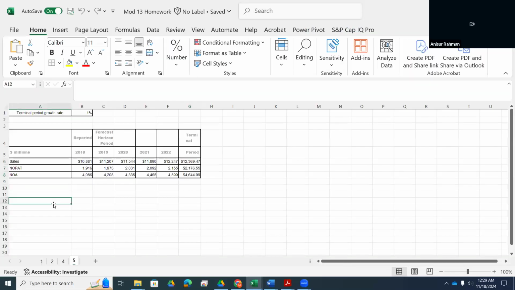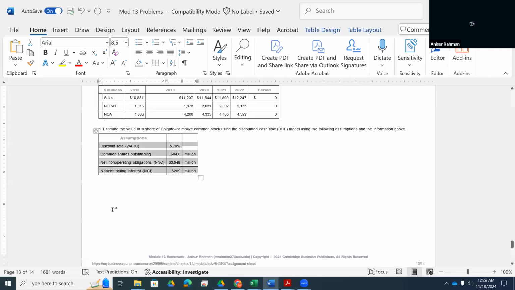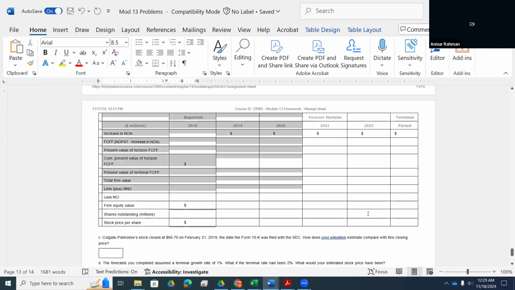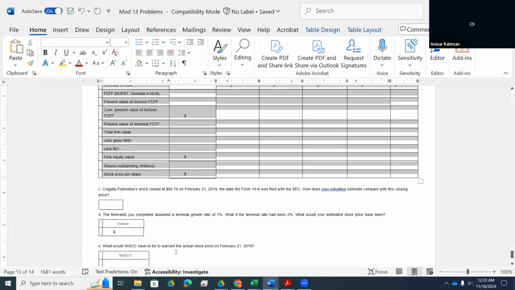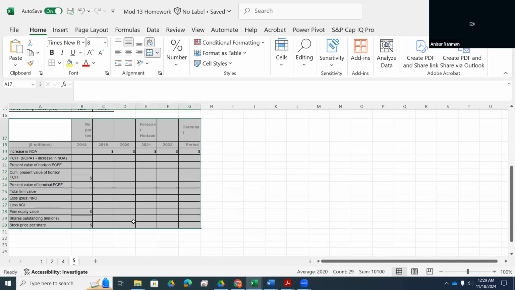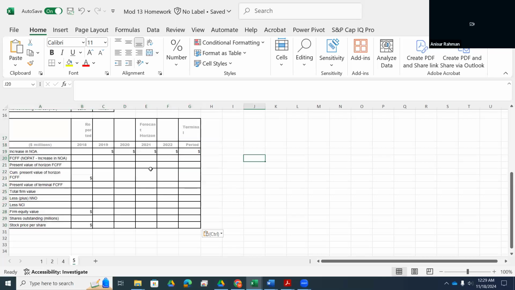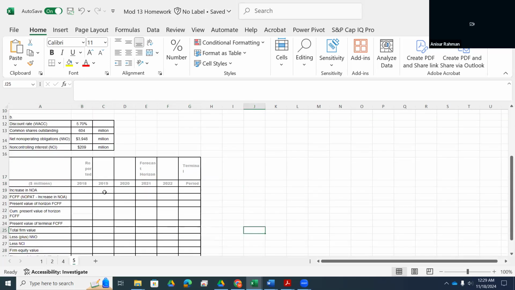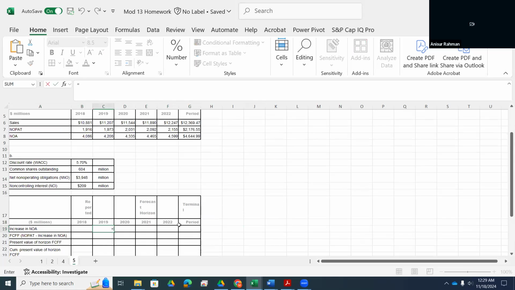Copy again. And this is okay. Now I'll get rid of this dollar sign. Now my increase in NOA, so as before, start with 2019.